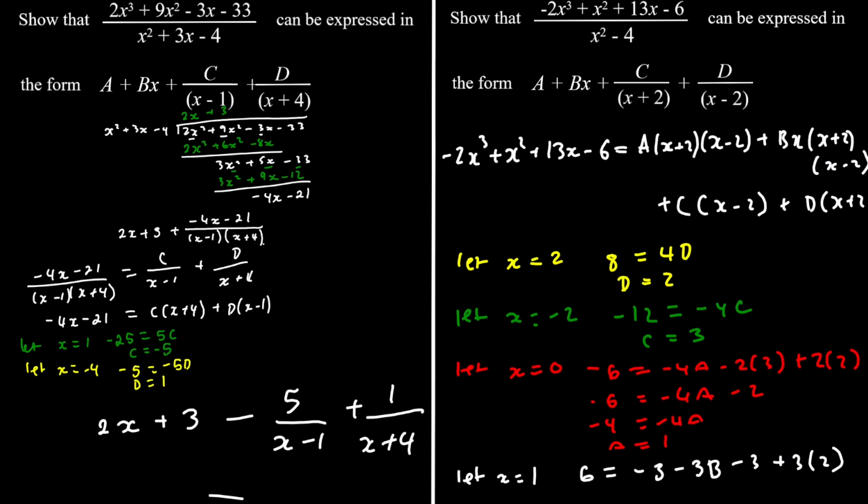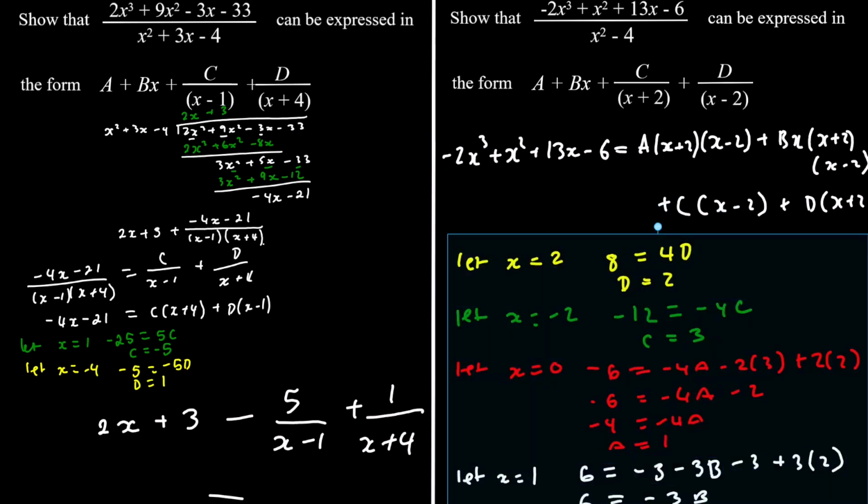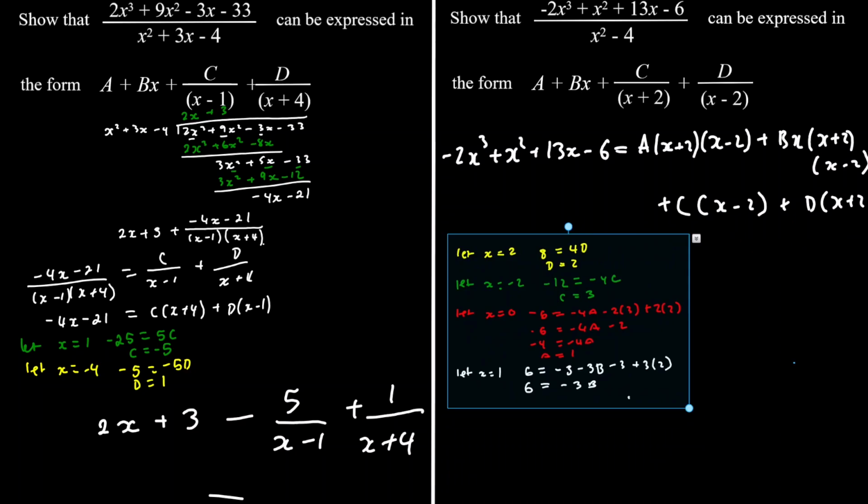So minus 3 plus 6 is nothing. So 6 equals minus 3b. So b is going to be negative 2.